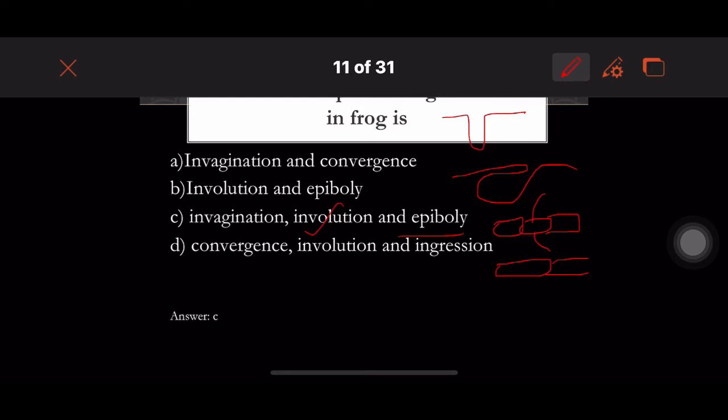So they extend in the axis perpendicular to this apicobasal axis. They become more flattened, so they spread over the inner cells. In case of frog, there are micromeres and macromeres. The micromeres spread over the macromeres by epiboly. Epiboly means they flatten, and this is how they spread over the macromeres.